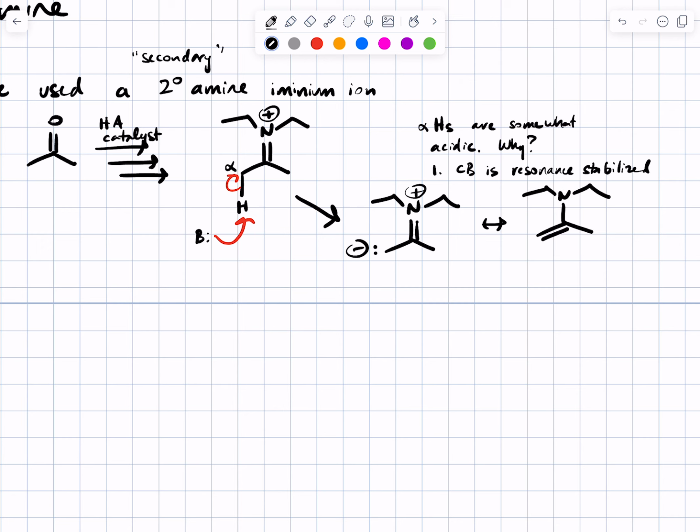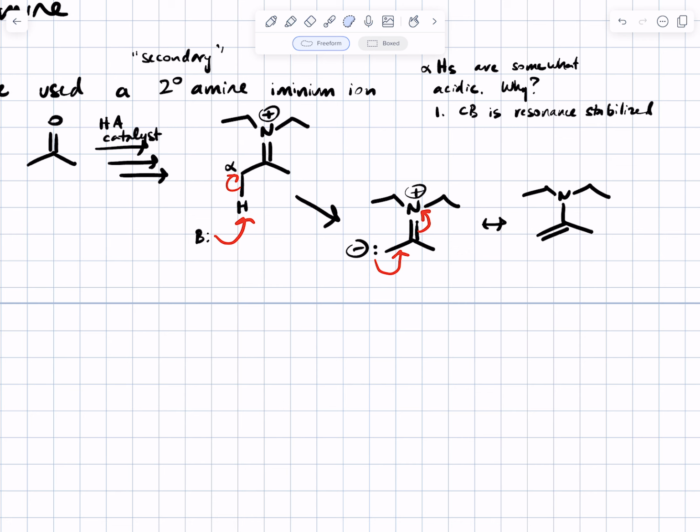You can draw a resonance structure where this charge moves over to form a pi bond, and then we break the carbon-nitrogen pi bond, and electrons move out onto what used to be the positively charged nitrogen, and we get this neutral resonance structure. So, removing that alpha proton, you expect that alpha proton to be acidic because its conjugate base is resonance stabilized, as shown here.